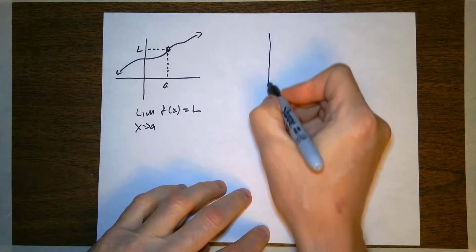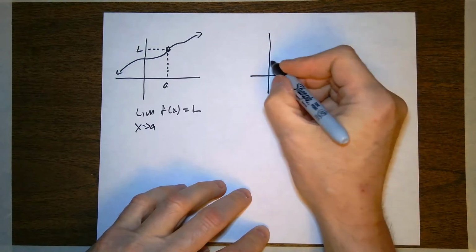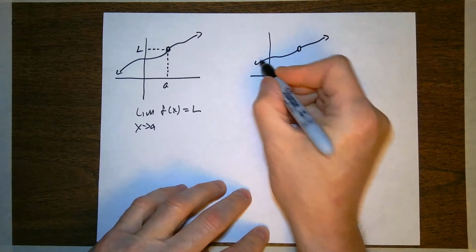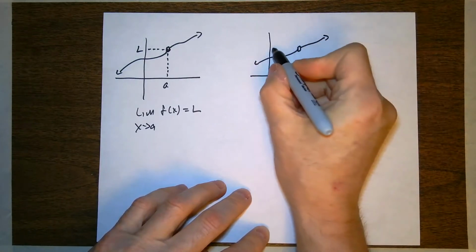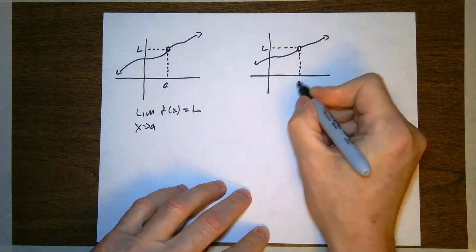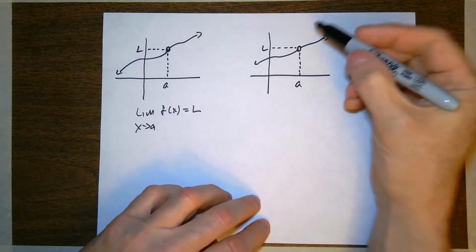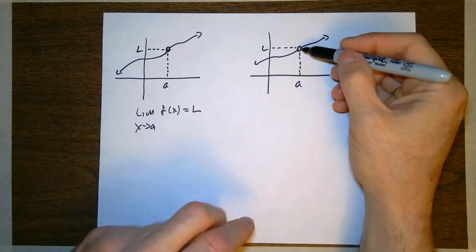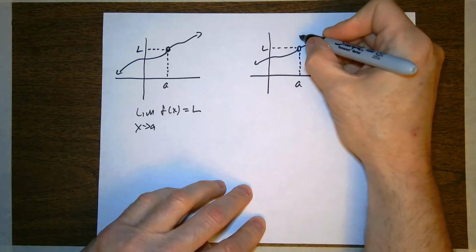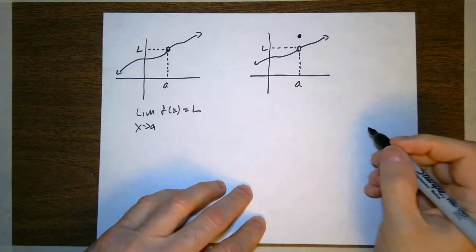Another possibility. Now here, again, it doesn't exist at A, f of A doesn't exist, but I'm going to make it exist. I'm going to fill the hole by giving it this value up here.